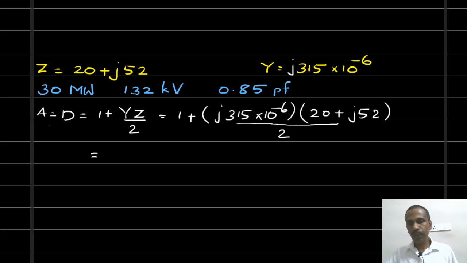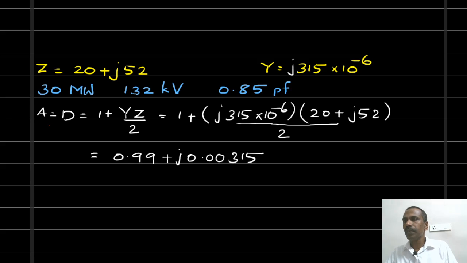So this is equal to 0.99 plus J 0.00315. So we got the constant A equals D equals 0.99 plus J 0.00315.